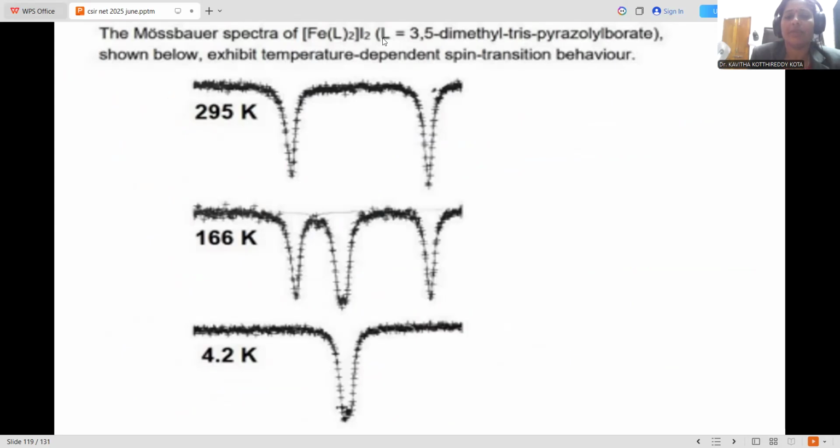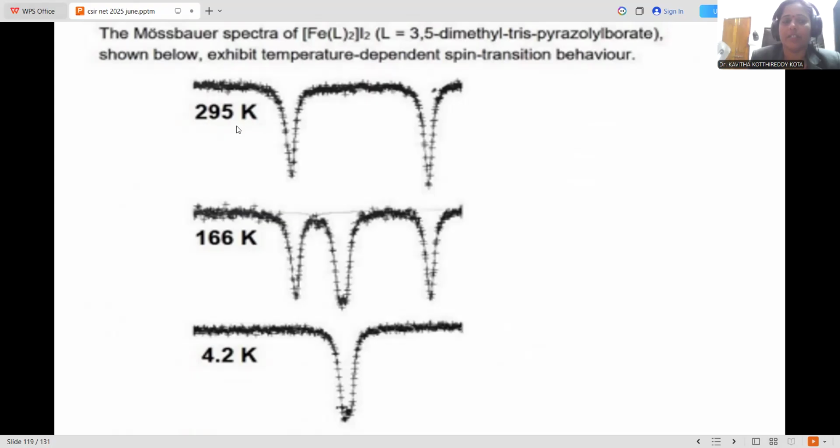The ligand within the iron complex sphere is 3,5-dimethyl tris pyrazolyl borate, and it exhibits temperature dependent spin transition behavior. So this kind of temperature based transition is possible.